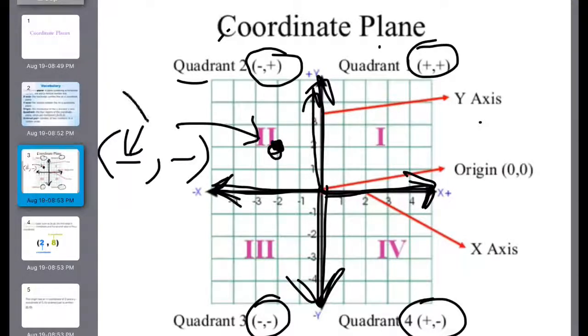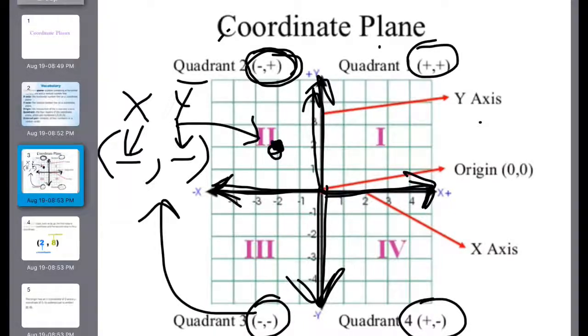The first number is your x-axis, and the second number is your y-axis. That's why we're talking about one number being negative and positive in quadrant 2, and both of those points being negative in quadrant 3. Remember, the point where the two number lines meet is called the origin.